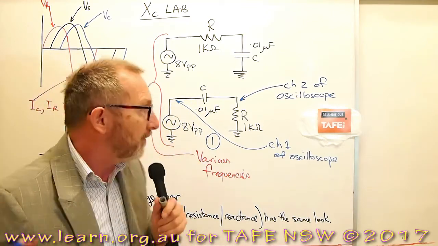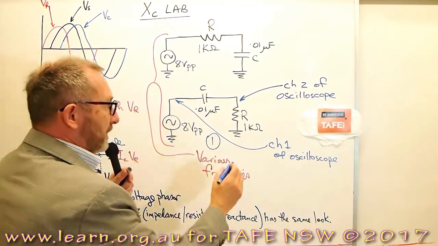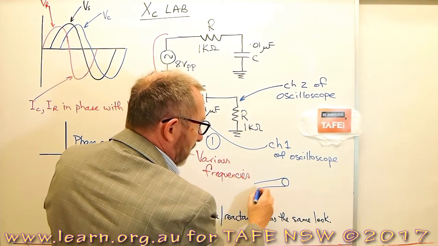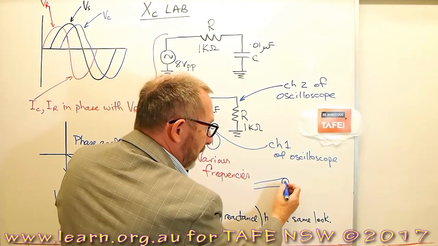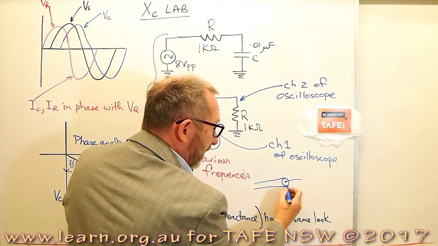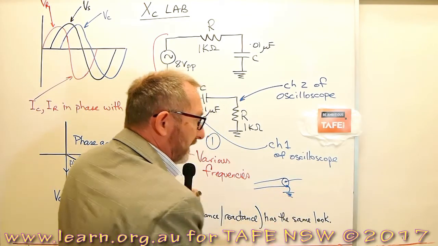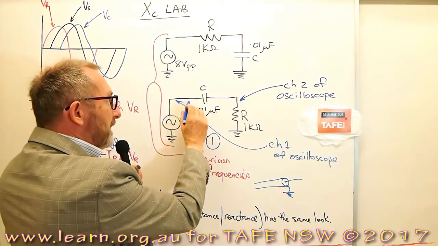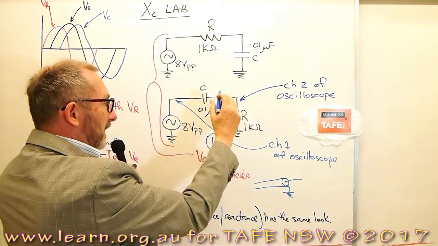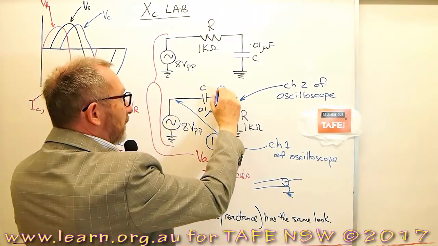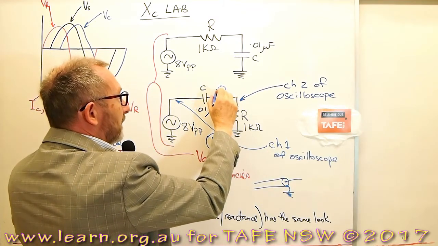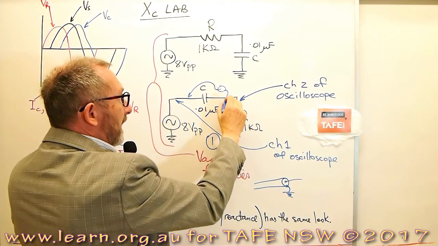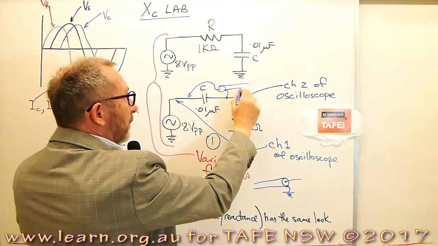Well, you can't do that, because on the oscilloscope we have the oscilloscope lead with the active terminal in the middle, and the outside braid of that oscilloscope lead is connected to ground. So if we were to measure the voltage across that capacitor by using this type of setup, and say we put the active side there and we put the ground there, what have we done?